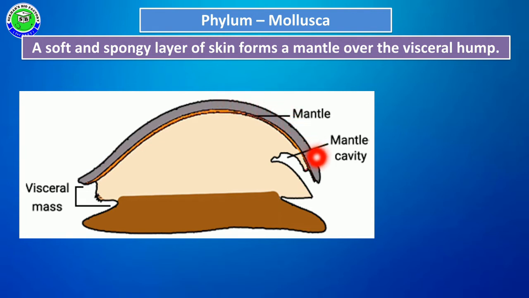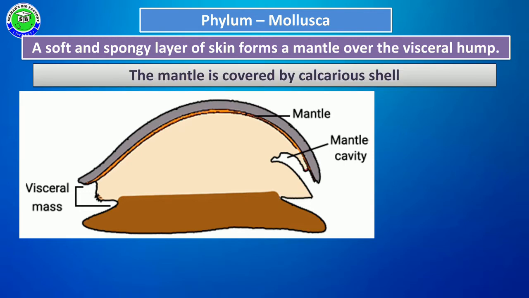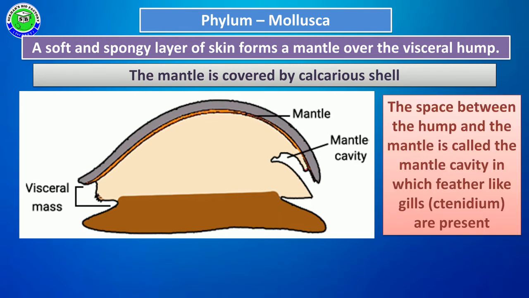It is the most important characteristic feature of Mollusca members. This mantle is again covered by a calcareous shell around their body. We can observe a space in between the visceral hump and the mantle, and this cavity is called mantle cavity.